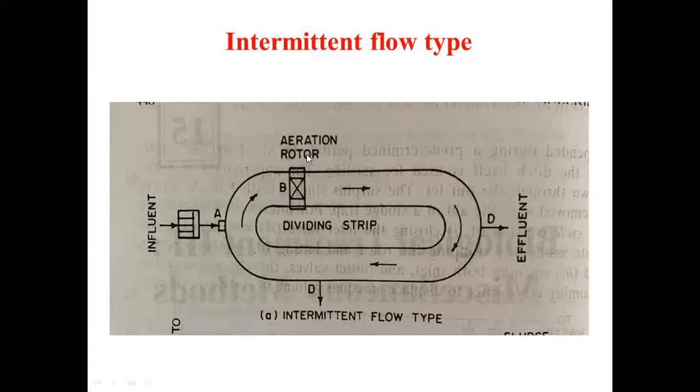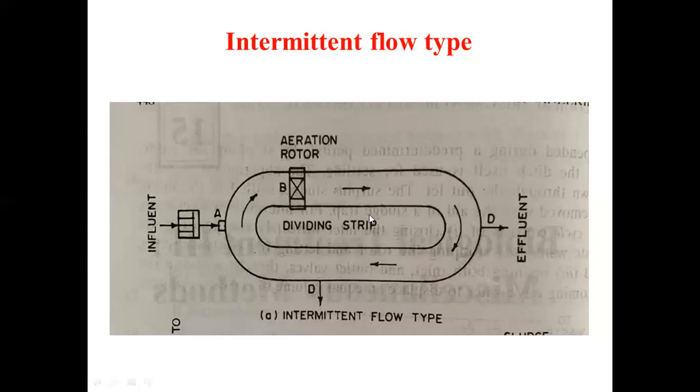You can provide 2 aerators or 1 aerator as per requirement. Here only 1 aerator is provided, and wall A can be open, allowed to enter the sewage up to a certain quantity, and then the wall is closed, and aeration will be in process.